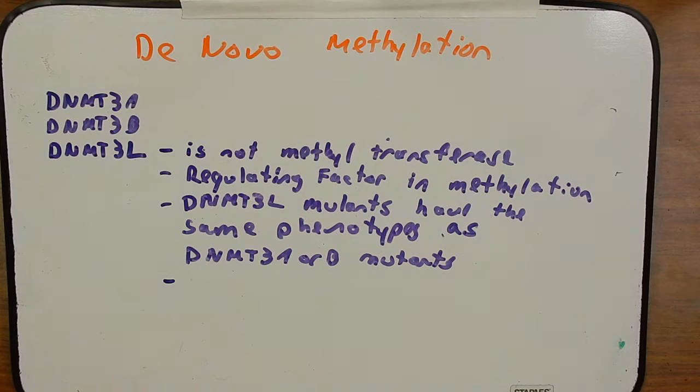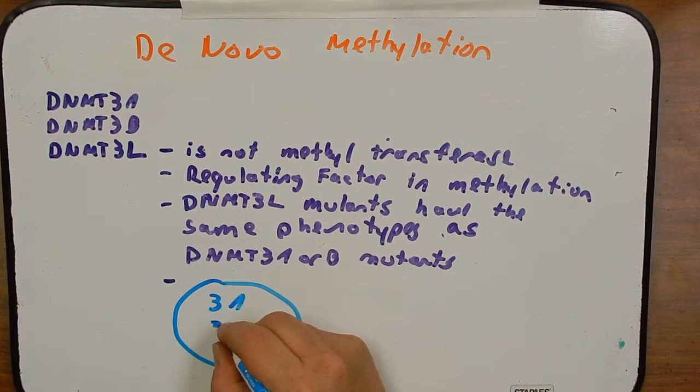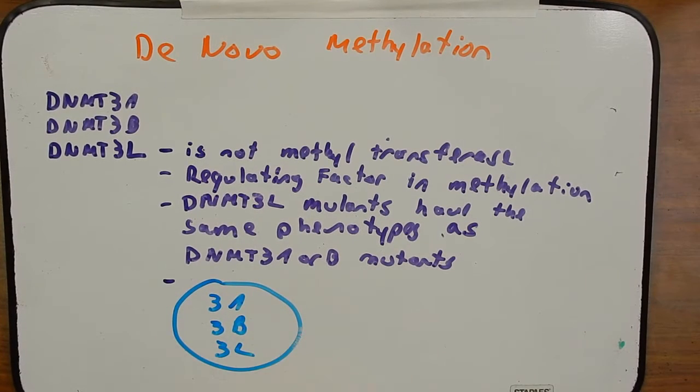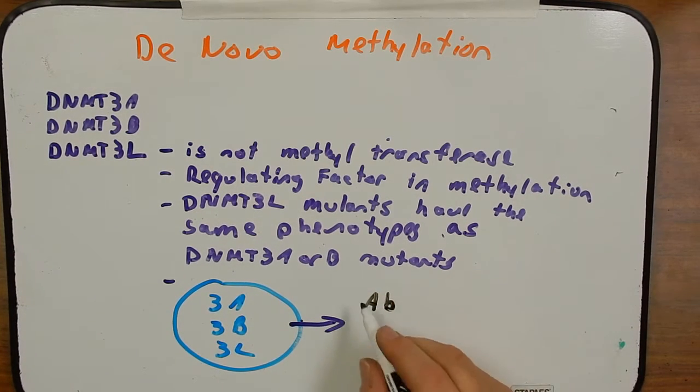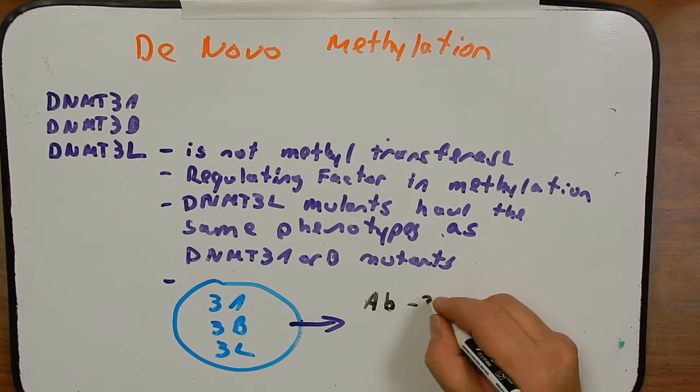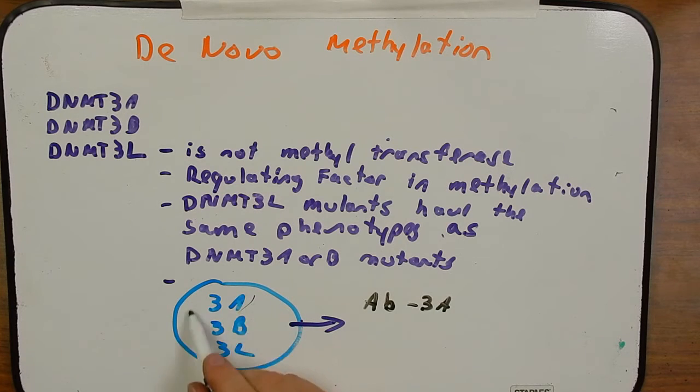And we know that because if we take a cell that has 3A, 3B, and 3L in it, these three proteins, and we crack open the cell, we take an antibody. So antibodies are really useful for this, that is specific to 3A, so antibody to 3A. So it grabs all the 3A in the cell, and anything that's attached to 3A comes with it.